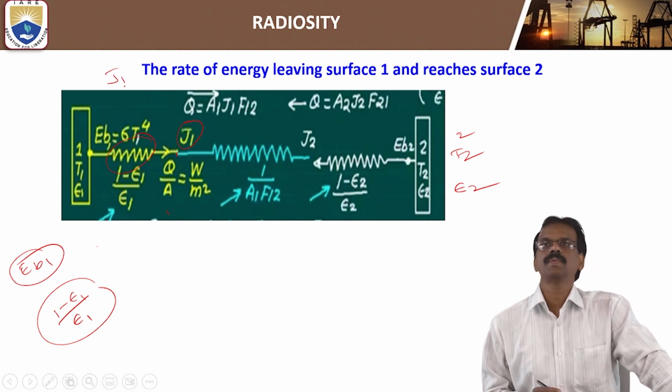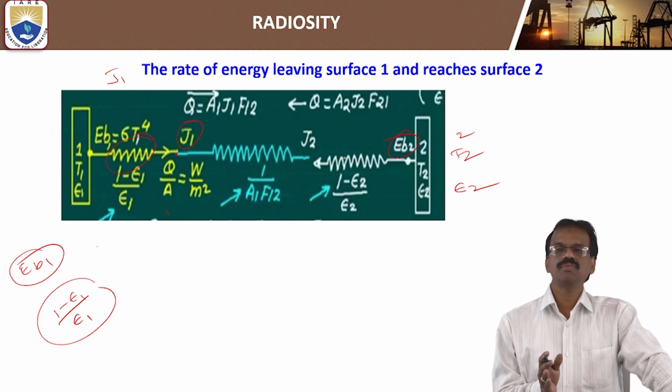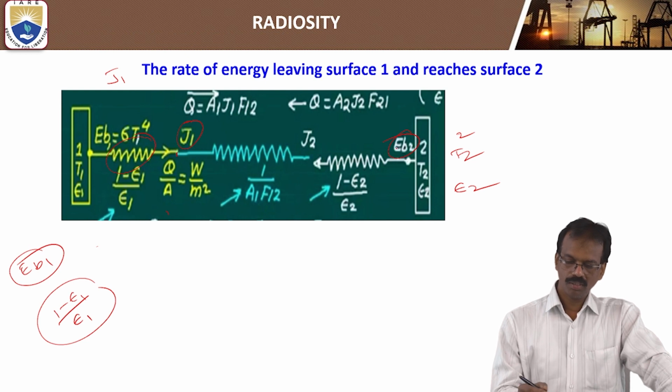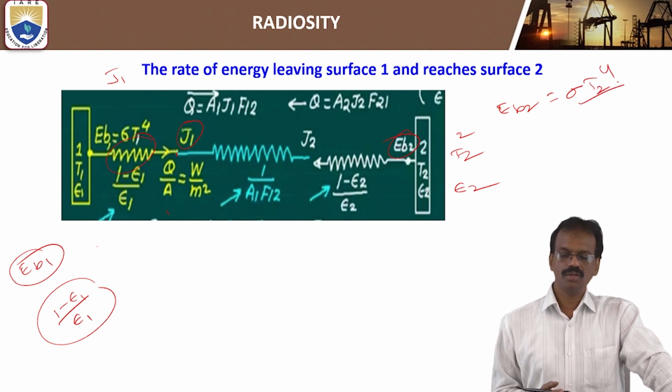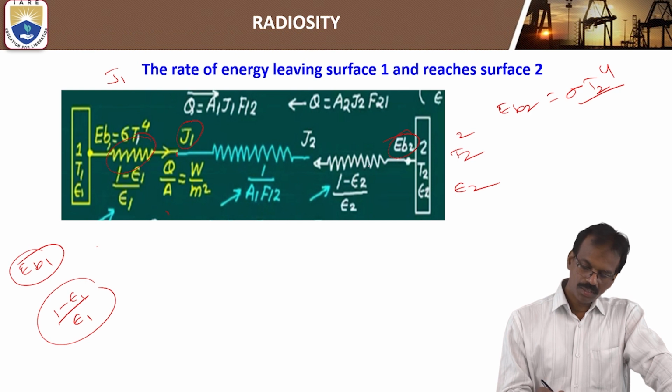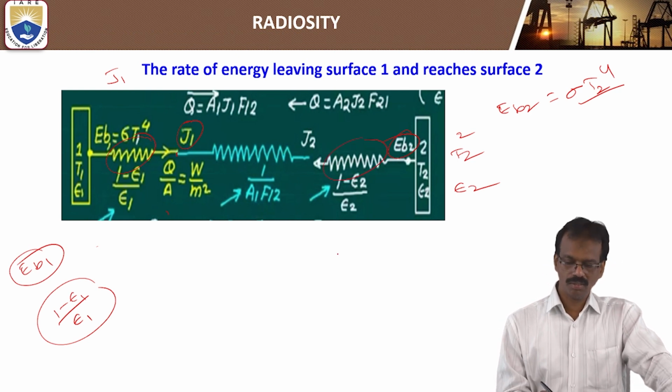Similarly, for surface 2, EB2 is the emitting energy from surface 2. According to Stefan-Boltzmann, EB2 is equal to sigma into T2 to the power of 4. Then we have to consider the surface resistance, the second surface resistance, 1 minus epsilon 2 by epsilon 2.